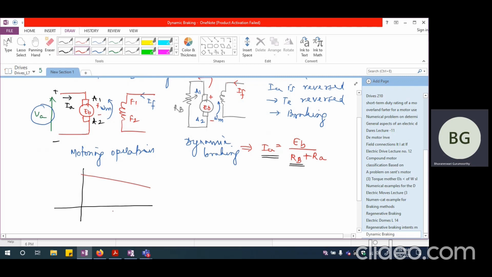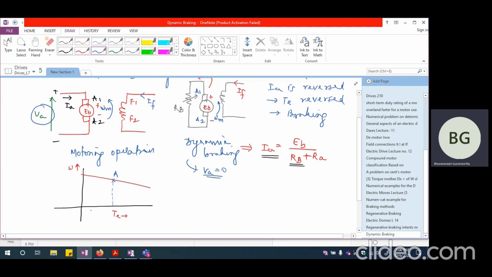So if I try to draw the characteristics corresponding to dynamic braking, normally I'm going to have the motoring characteristics like this. If this is TE and this is omega, this is the way the characteristics are. So probably the original operating point was somewhere here. This is the original operating point for the DC motor. Now what I have done is to make VA equal to 0 during dynamic braking operation.